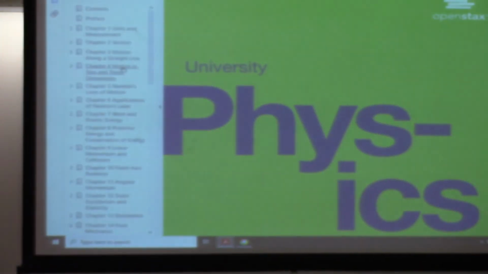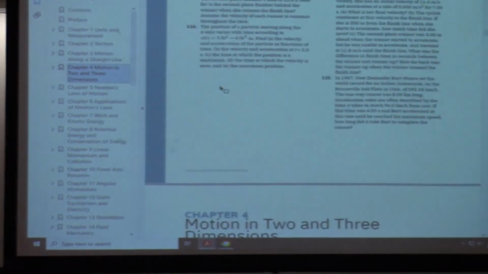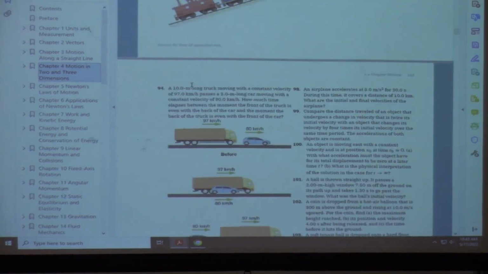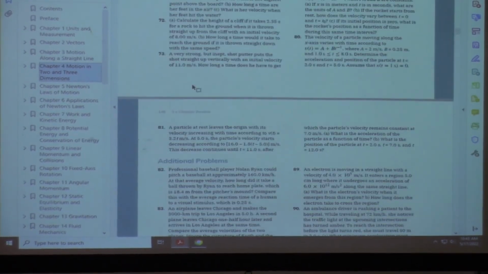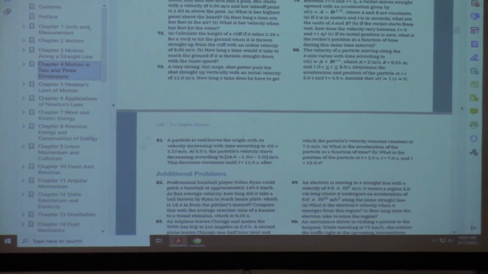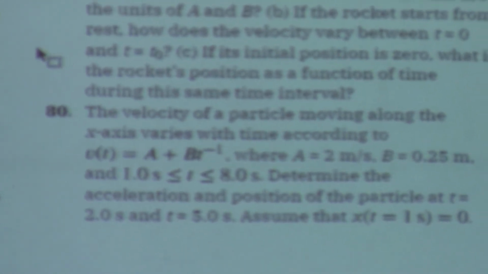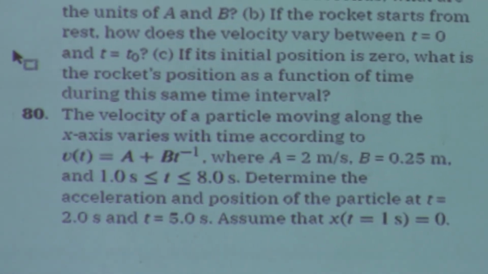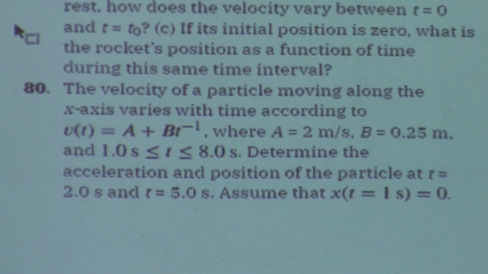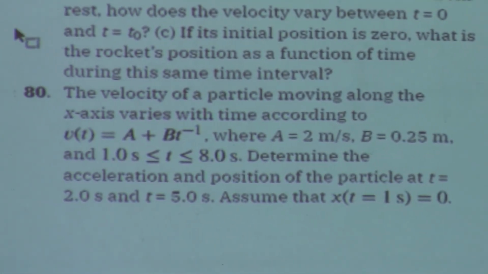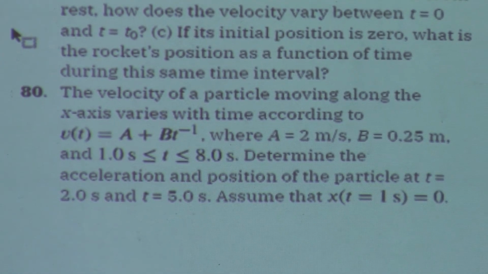So I want to jump over here to the calculus. And let's see. What number did I put up there? 79? Let me try from the calculus book, number 79 here. Okay, let's do this one in our last time together. So 79 says, between t equals 0 and t naught, a rocket moves straight forward with an acceleration given by, let me just write down this equation.